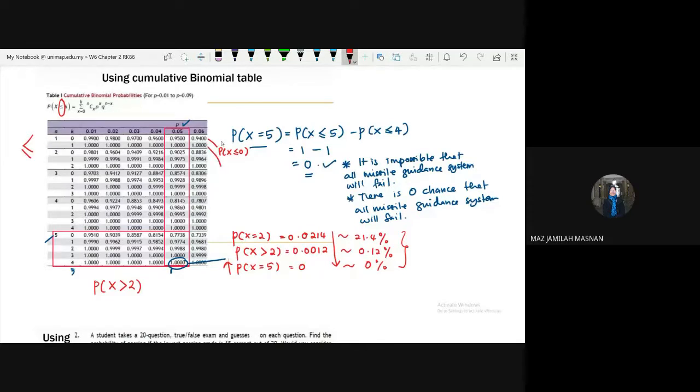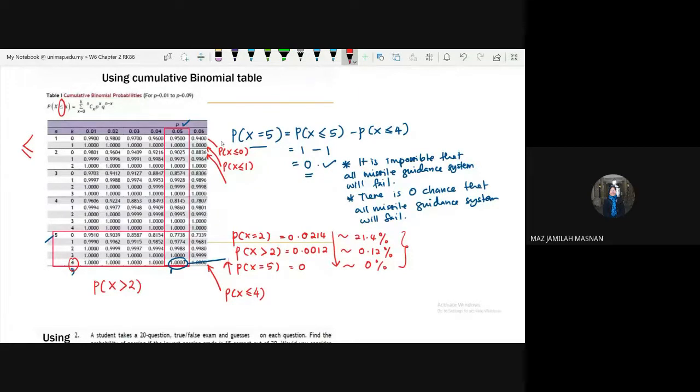This one is referring to P(X ≤ 1). We are talking about cumulative. That's why at the end of your column here, it becomes P(X ≤ the number of trials that you have). So if I'm talking about 4, then we are talking about 4 trials.